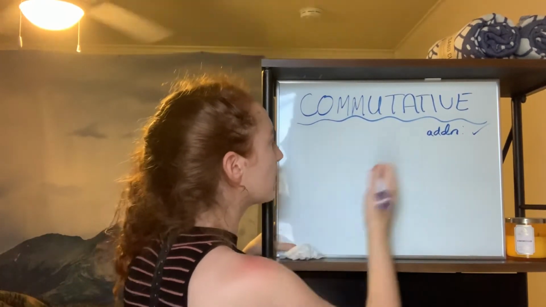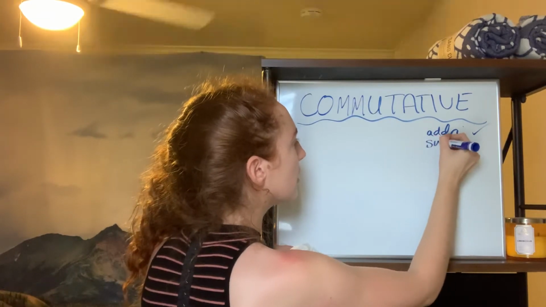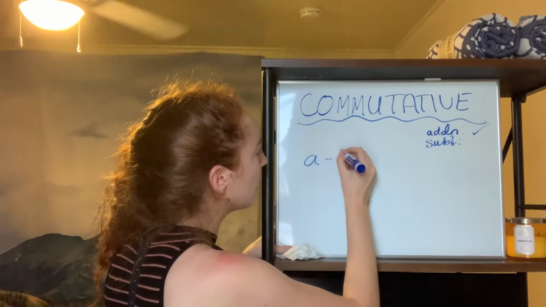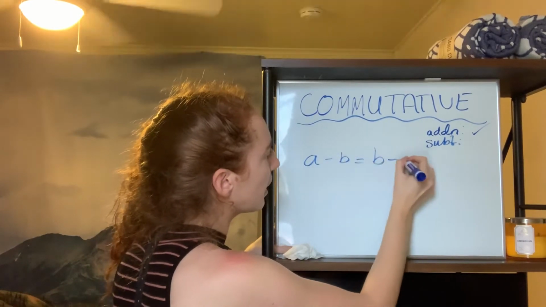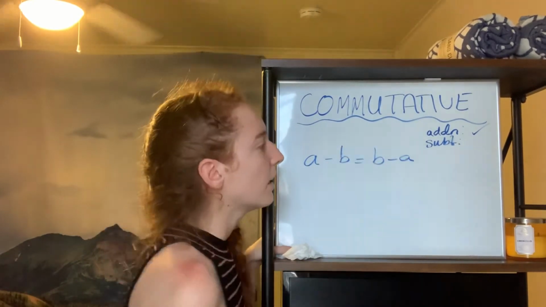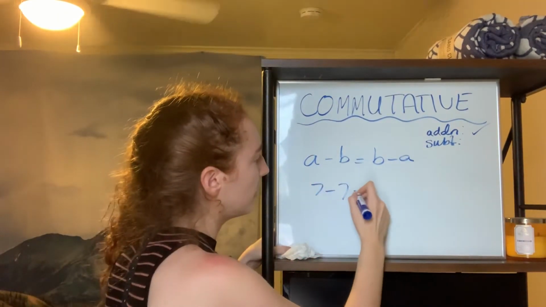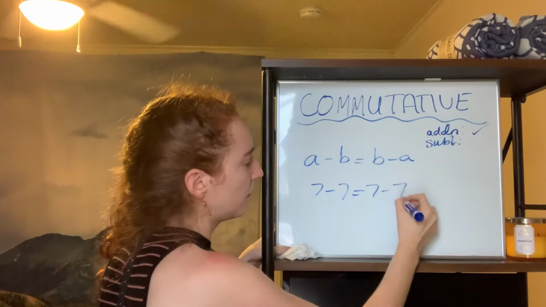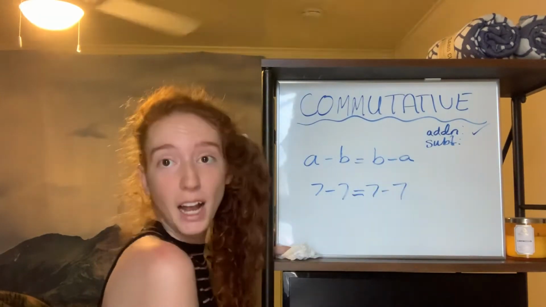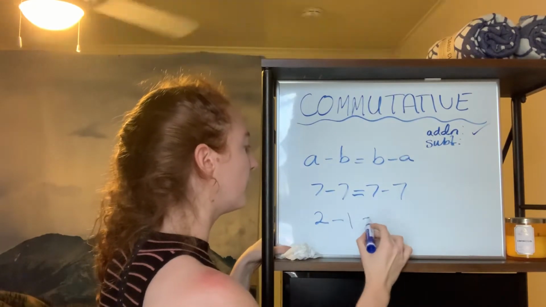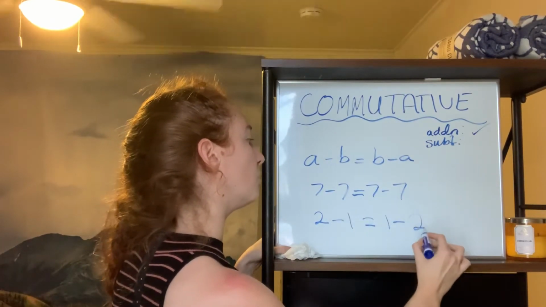Now we're on to subtraction. And I want to know if A minus B is always going to be the same as B minus A. It actually only works out if A and B are the same, right? So yeah, 7 minus 7 is the same as, let's flip the order, well, they were the same, so it didn't really do much. But yeah, it's both 0. But if we try something a little different, like 2 take off 1, is that the same as 1 take off 2?